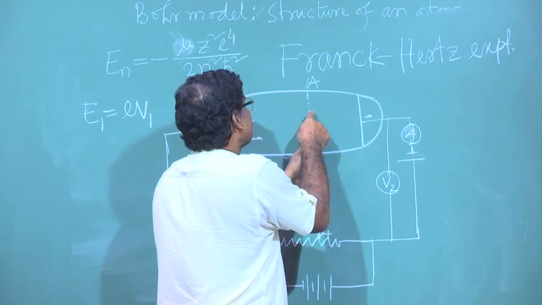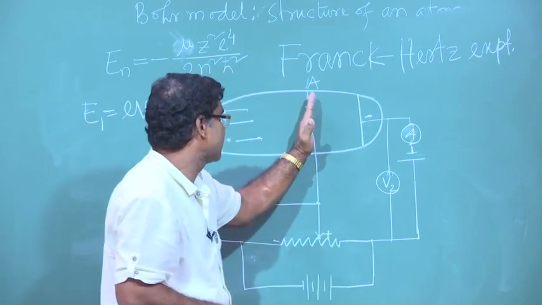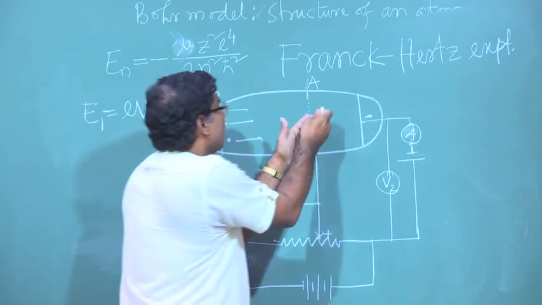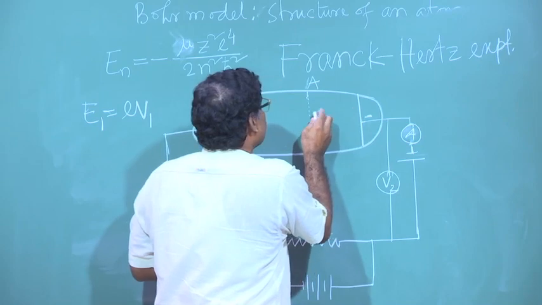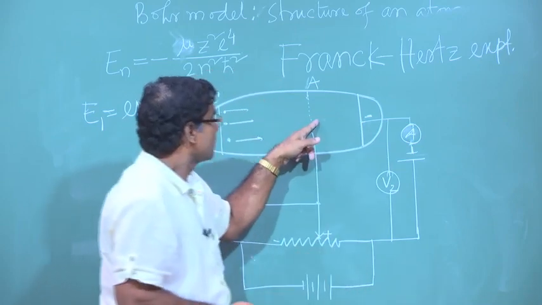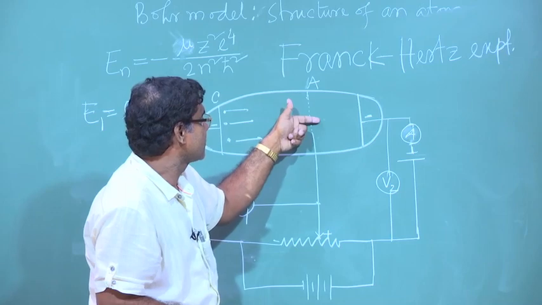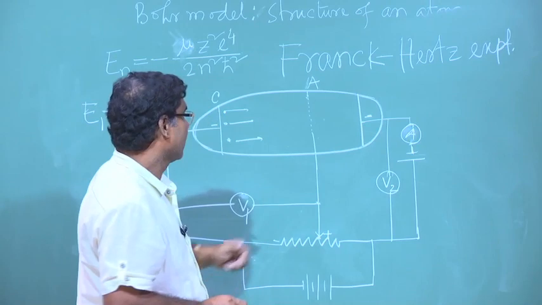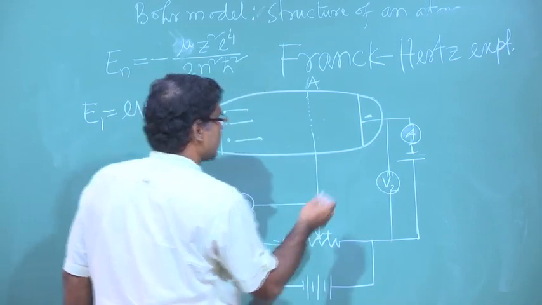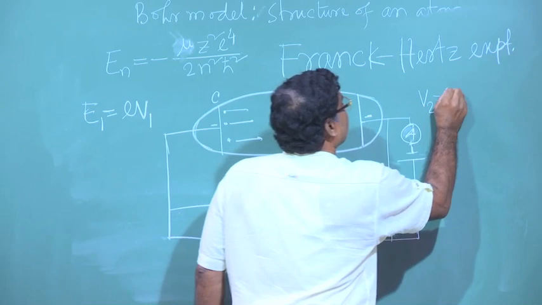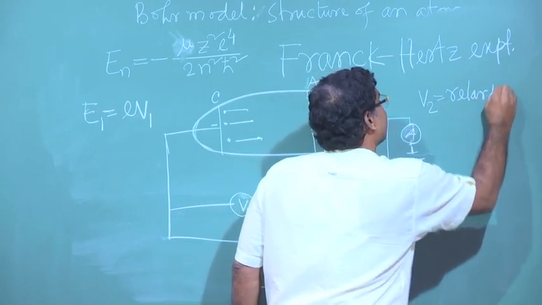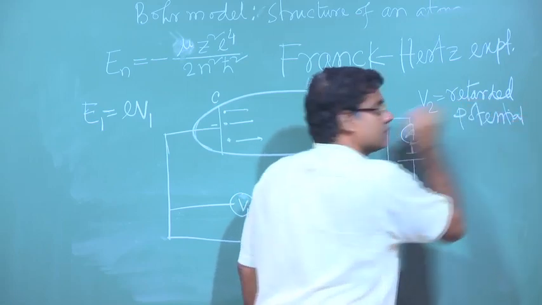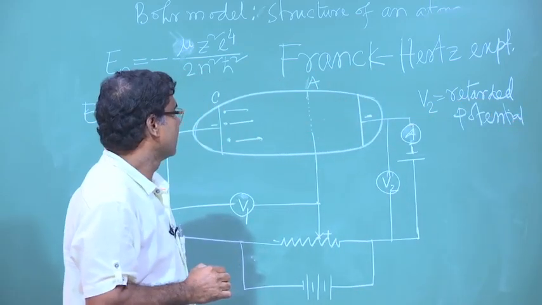When electrons reach here, their energy will be eV1. Coming into this region with eV1 energy, it will reach the collector if V2, the retarding potential, allows it.